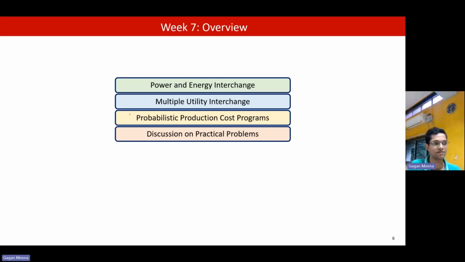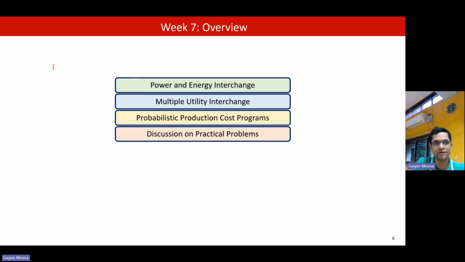And these were the topics which were discussed in week 7. The first thing was about the interchange. Till week 6, we have been looking at different control and operation methods, starting with the dynamic control, AGC, automatic generation control, and governor characteristics. We looked at area control error and all that.